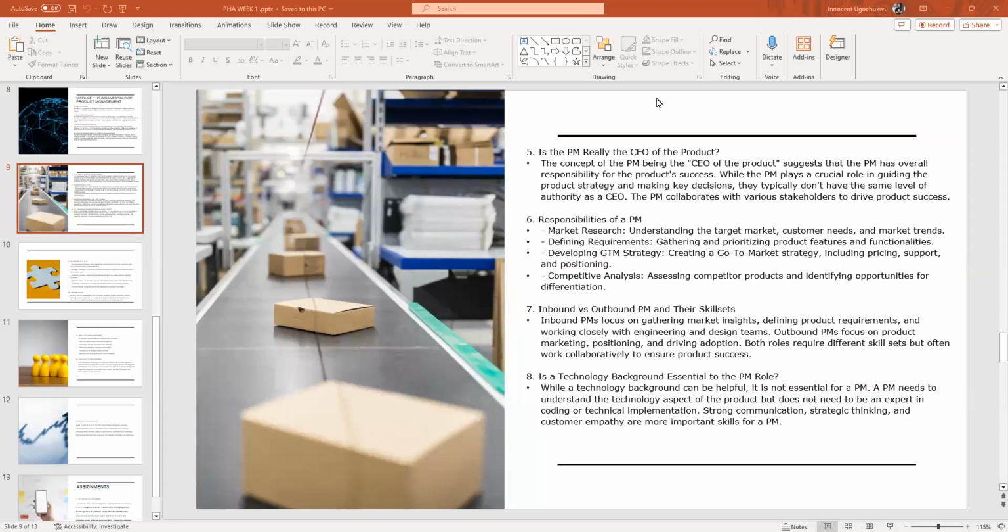Some organizations don't have a product marketer. That's why I say as a PM, you do almost everything. If your team doesn't have a project manager, you do the work of a project manager. If you don't have a product marketer, you do the work of a product marketer. So you need to know all these things.